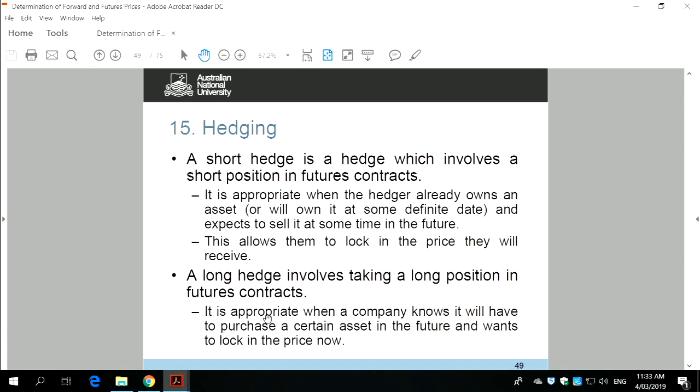When I talk about a short hedge, I mean I'm hedging with a short position in the futures or forward contract. The kind of person who would use short hedging is somebody who already owns the asset and wants to sell it at a future date. Imagine you are a live cattle farmer in Australia.